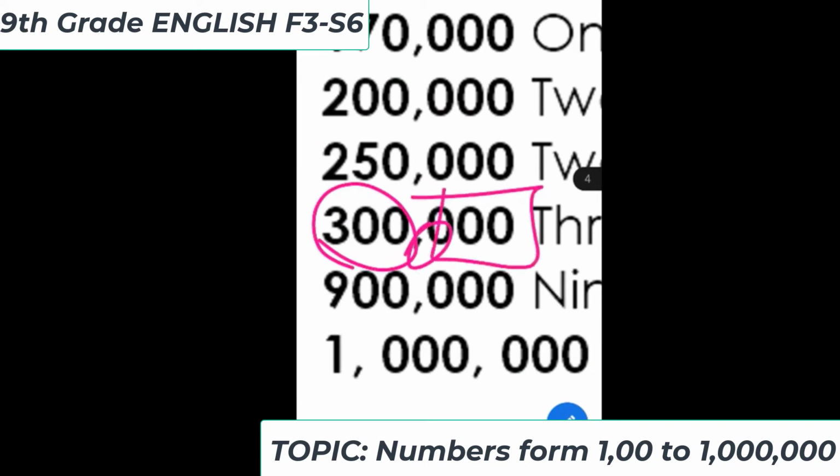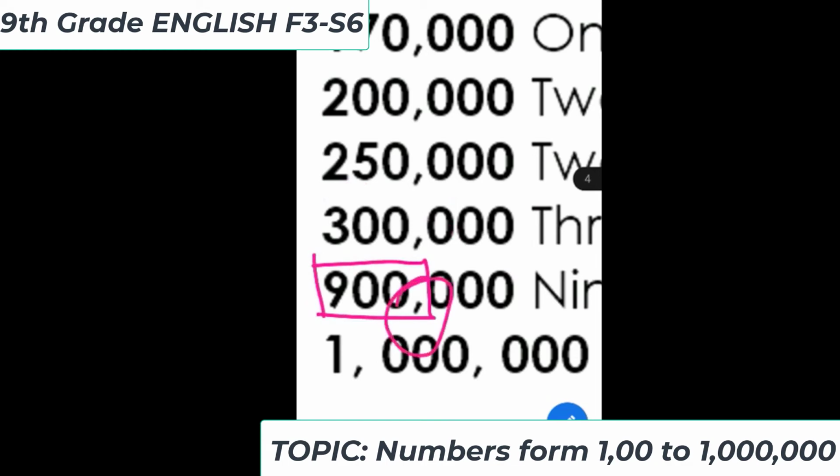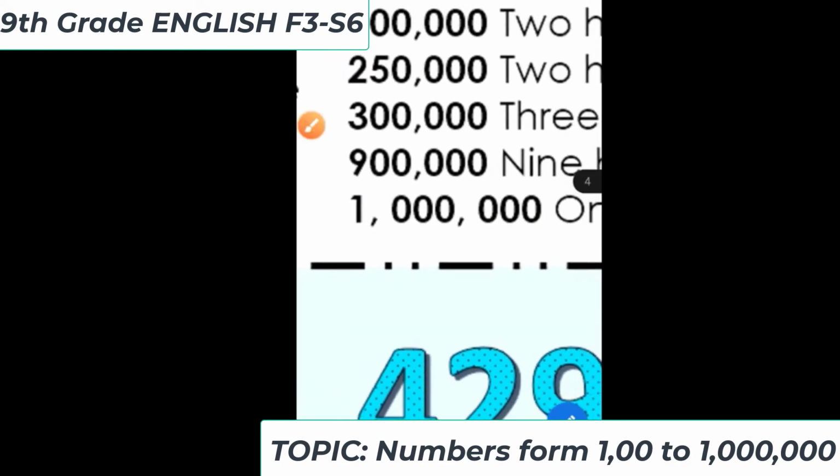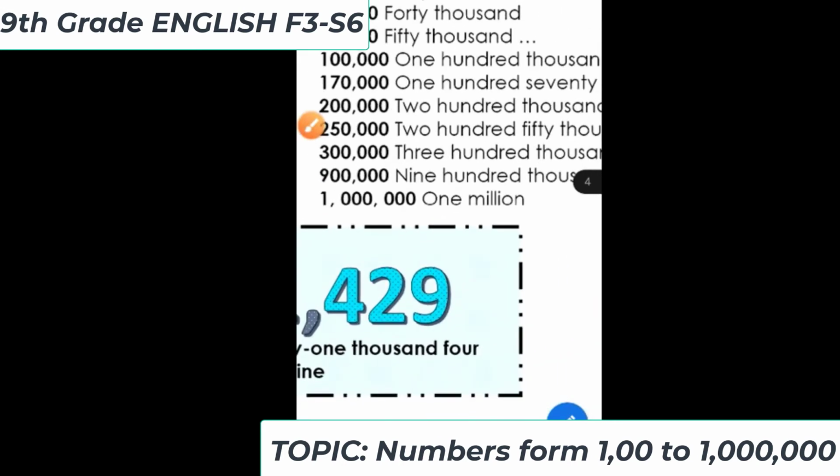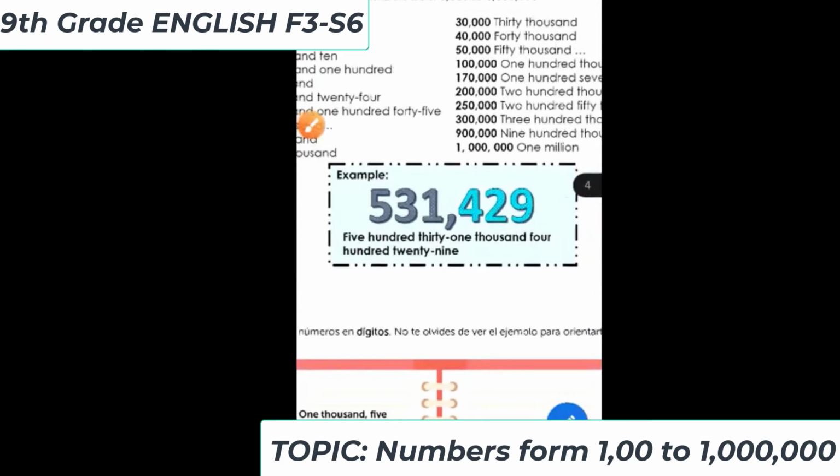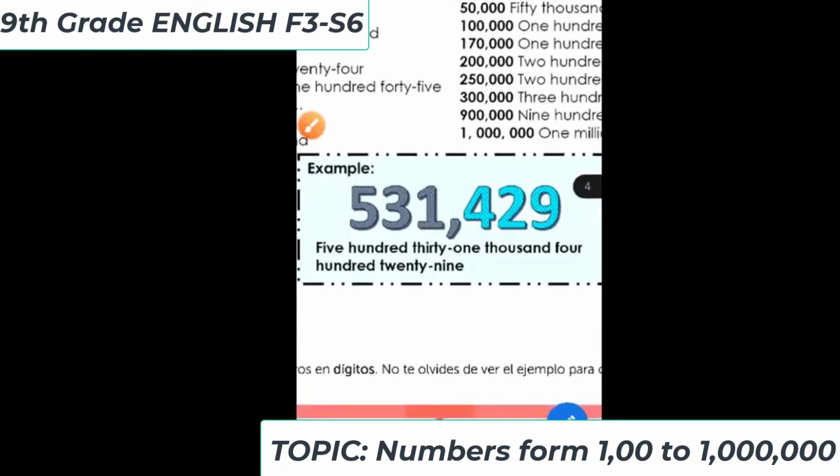300,000, okay? 900,000, and here, 1 million. Okay, now let's practice with this example. You say this number, 531.